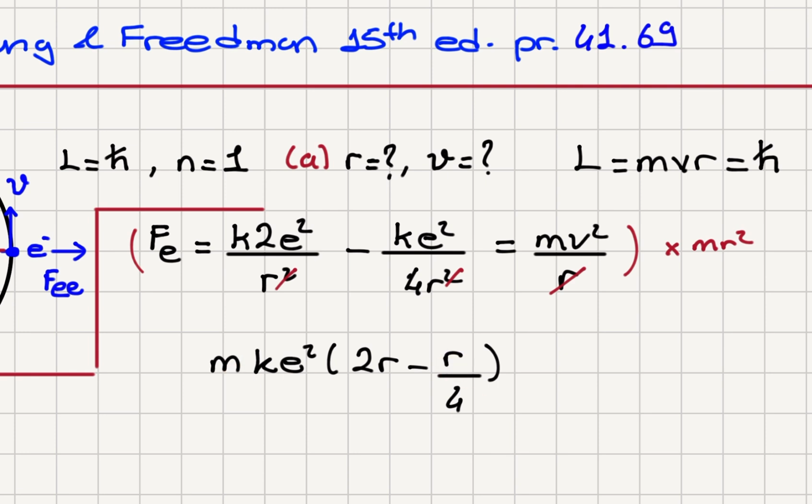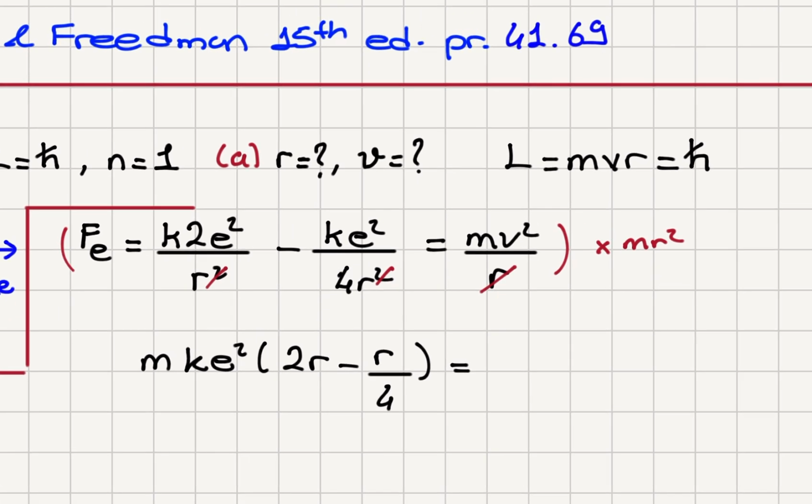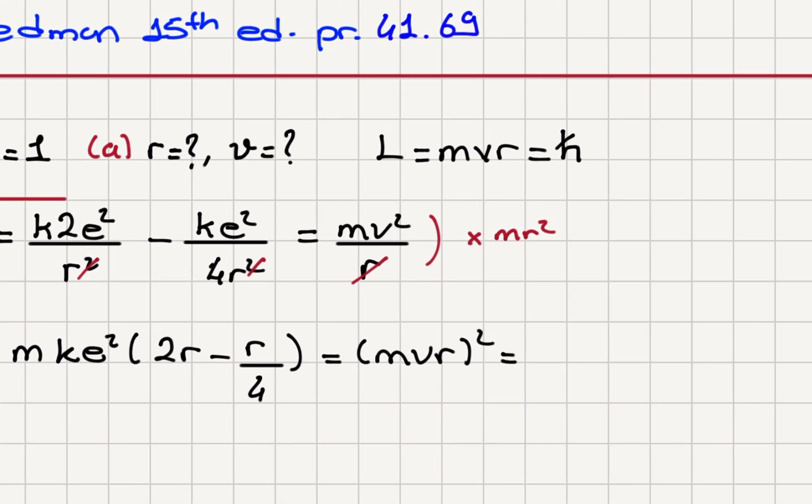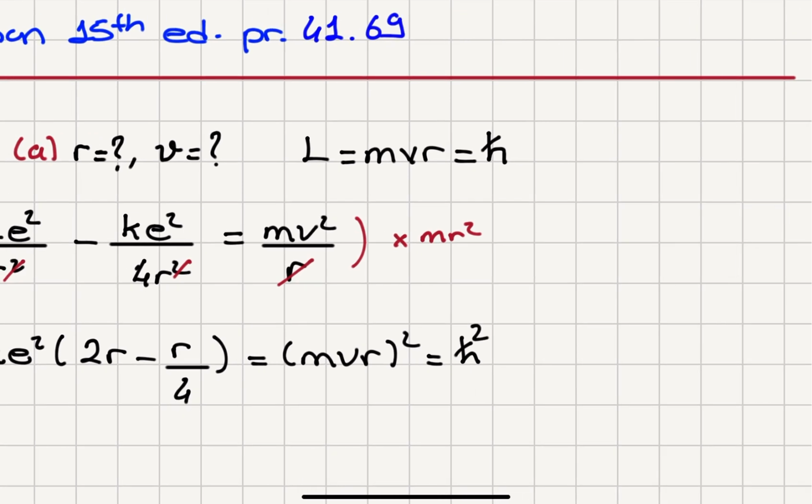This is equal to the right hand side, (mvr) squared. That means it is h bar squared, because mvr is h bar in this problem, and Coulomb's constant k is 1 over 4 pi epsilon 0, the permittivity of free space.